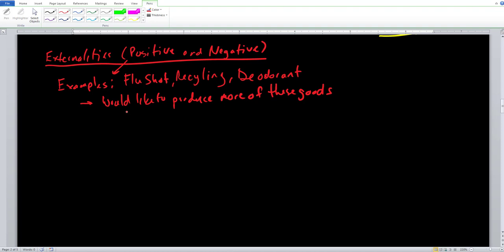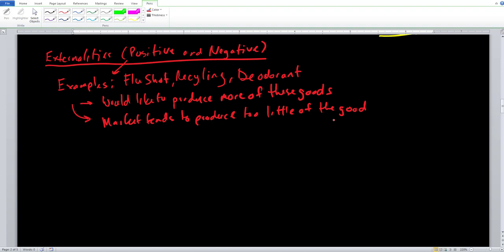However, if we leave the markets alone, the market is actually going to be producing too little of these goods. So without any market intervention at all, we would see the marketplace just producing too little of the good.